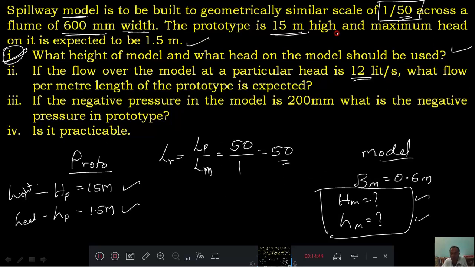Now this time it is a model, it is given flow over the model is how much, that is 12 liter per second, means it is discharge, therefore Qm is 12 liter per second, 12 into 10 raised to minus 3 meter cube per second is given. This is your Qm, and they want Qp. Over, this much is required.